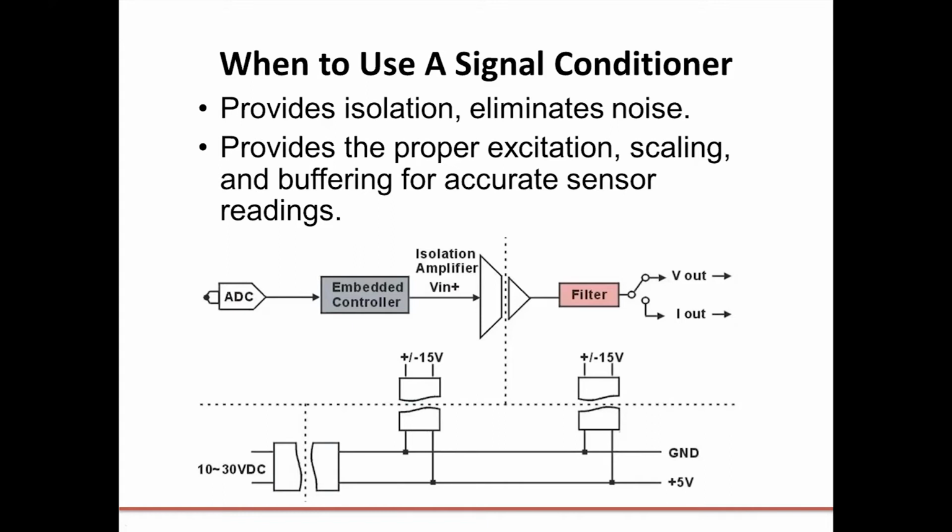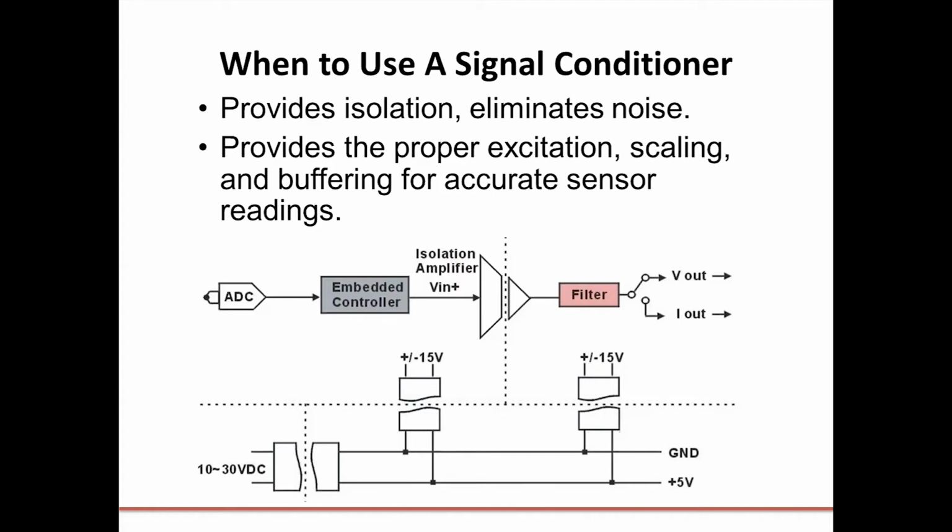For example, RTDs require a constant current source, and strain gauges need a constant voltage source, whereas thermocouples don't need an external source, but they do need compensation for unintentional cold junctions. Our signal conditioners provide the specific requirements you need to get accurate measurements for different sensor types, including different types of thermocouple, RTD, strain gauge, irregular DC voltage and current input, and triaxial accelerometer input.